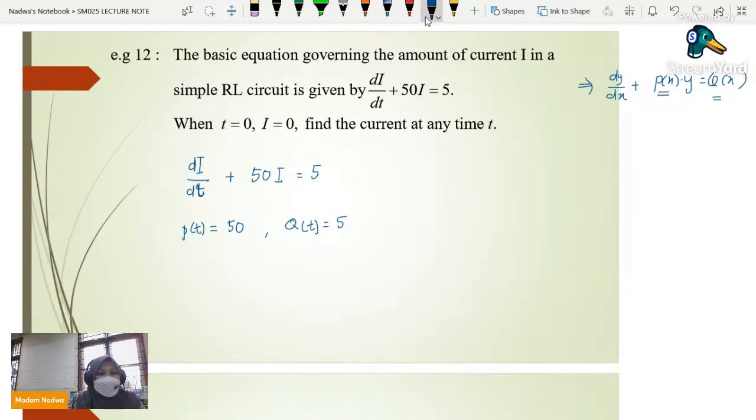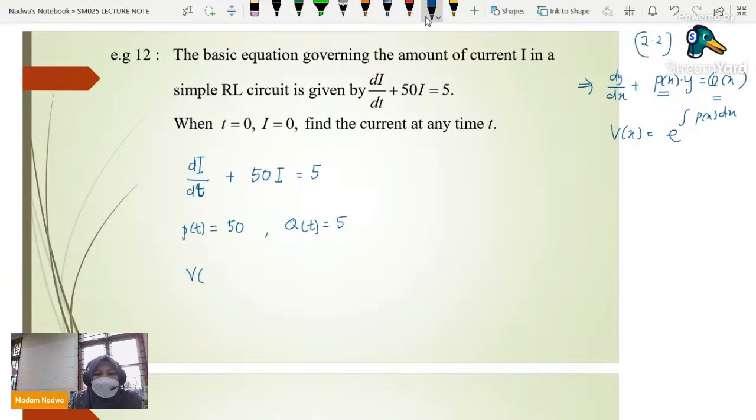Okay, so now we have to find our integrating factor. So ingat integrating factor kita namakan dia sebagai V. So kalau sebelum ni Vx is equals to e to the power of integration of px dx. You will have no idea what I'm talking about today if you don't actually look back what we have learned in 2.2.